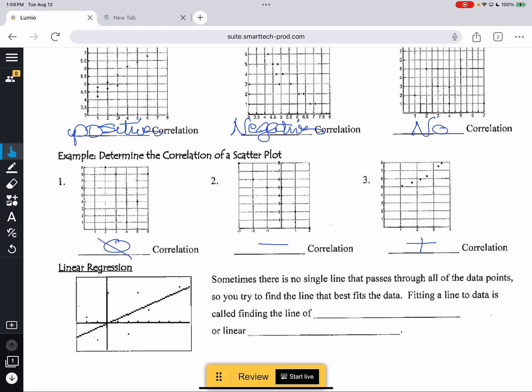And so fitting a line to data is called finding the line of best fit. It's not perfect. It's not absolute. It doesn't take in every single piece of data, but it pulls the data in kind of close to each other. You know, it's making a connection. Or linear regression.